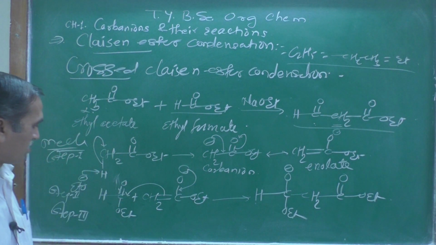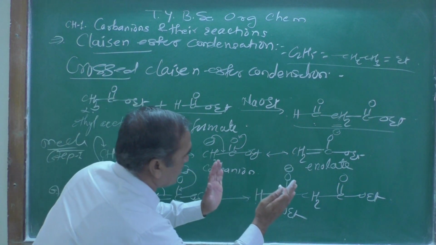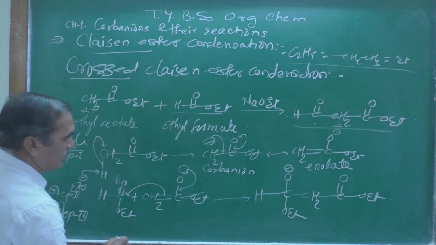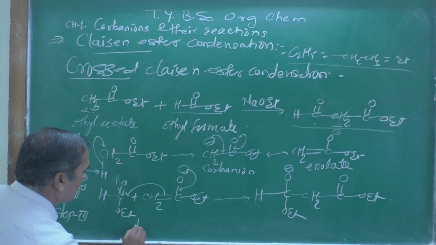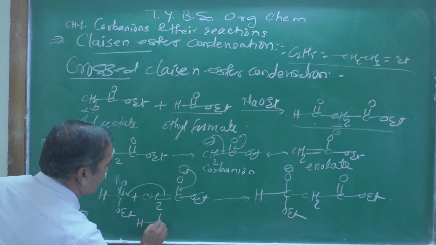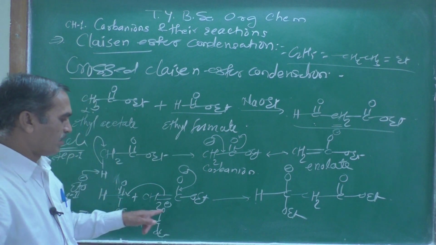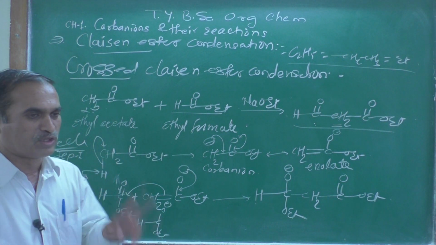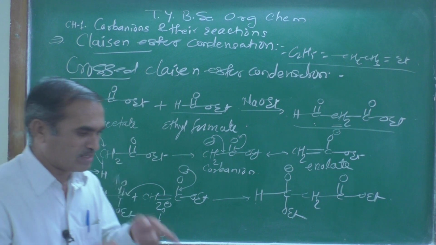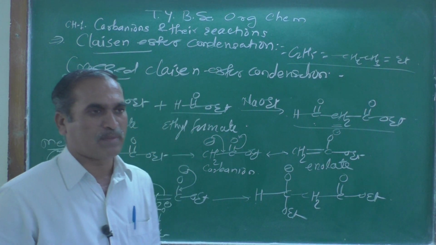Observe this reaction carefully. I am writing this molecule as it is over here, like this, H, CO minus and OEt. Look at here, O minus and OEt, both functional groups are present on the same carbon atom.